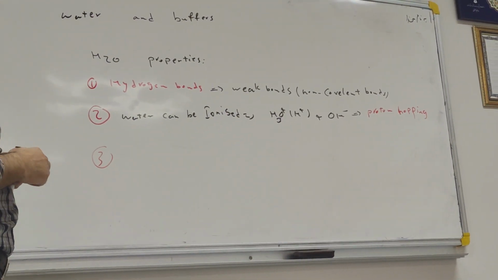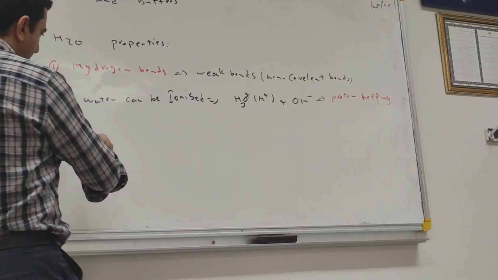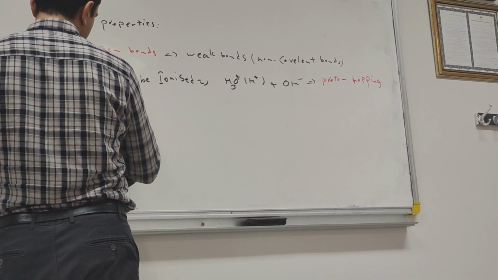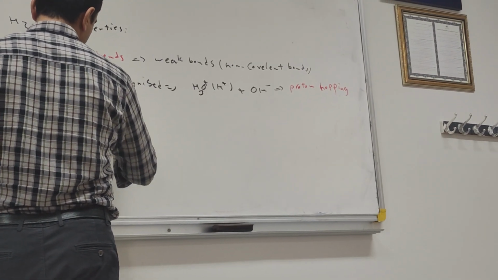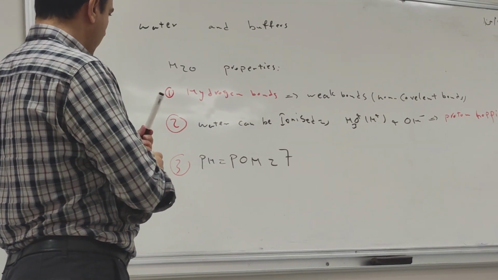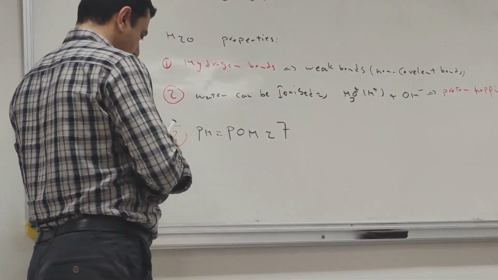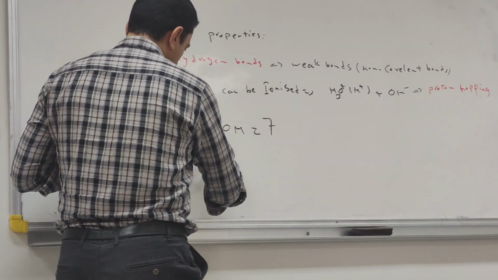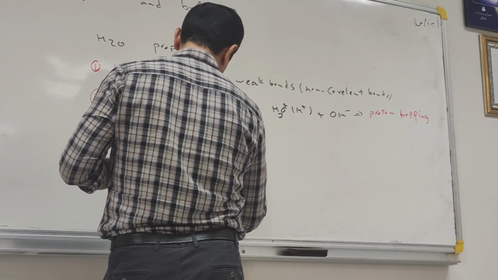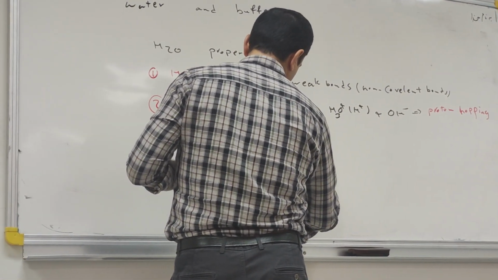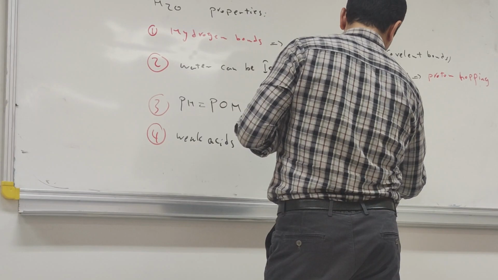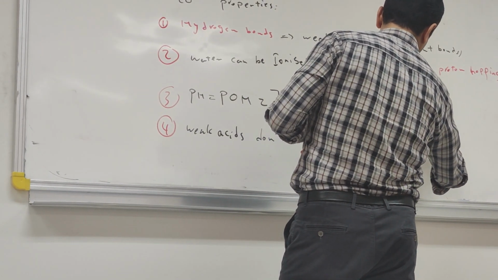The other bullet point. The pH for water is equal to pOH. It is 7. Weak acids do not dissociate completely in water.